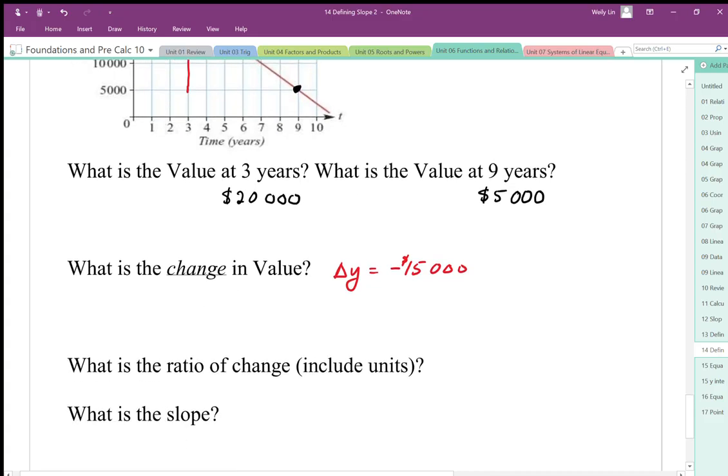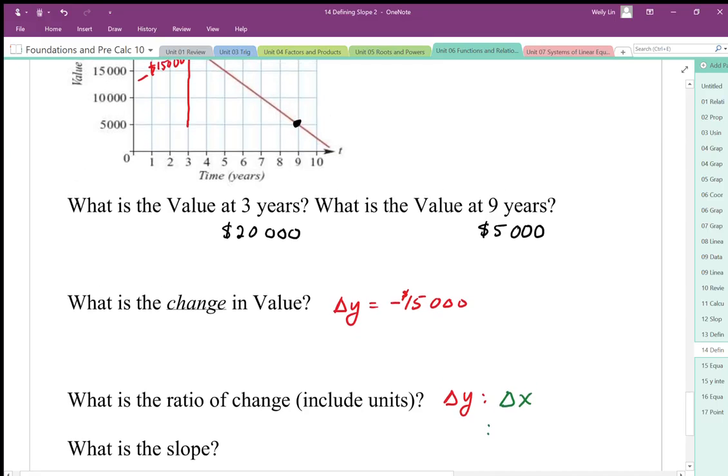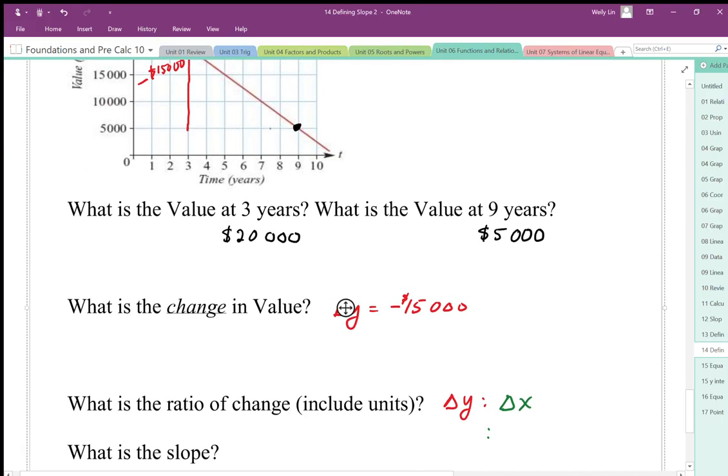So the ratio of change, the change in y compared to the change in x. Okay, so we have to work out the change in x here. The change in x is going to be from 3 to 9. So 9 minus 3 is positive 6 years. Remember, if we want to get the right direction, we want to do end minus start.